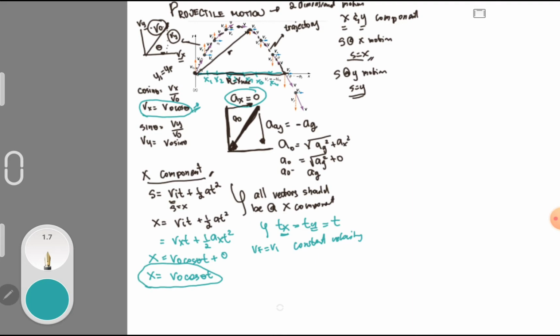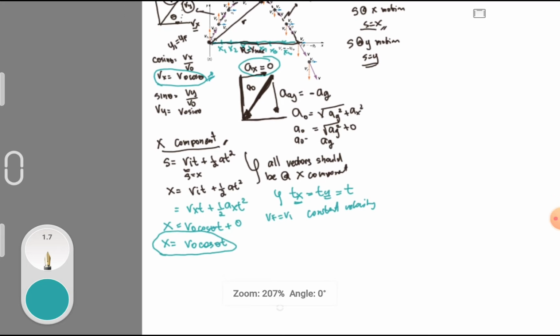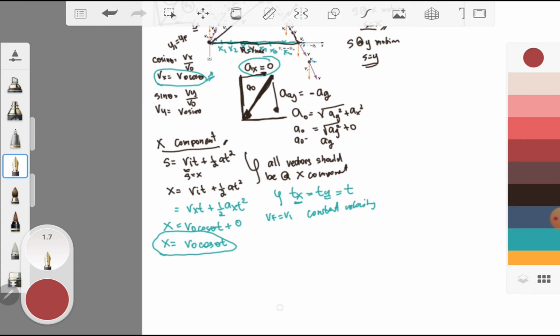Next is how will we solve for our value of your y. So ito lang yung ilalagay kong x component. Okay? So at my y component, because all the formulas in your vertical and horizontal motion are applicable in this, the only key is for you to know how to translate them into their x and y component.